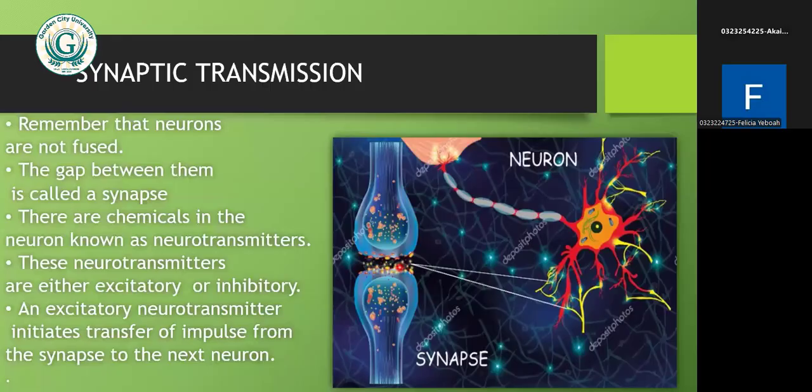Does it make sense? Yes, sir. Very good. Now, if the neurotransmitter that will be released is the excitatory type, it will therefore enhance the propagation of the action potential. Does it make sense here?